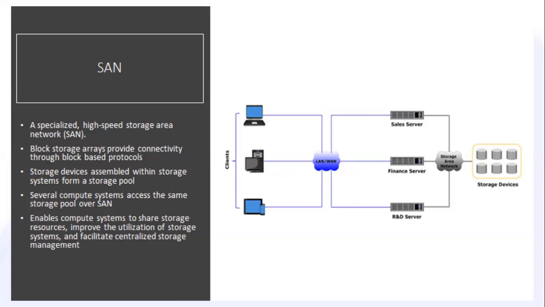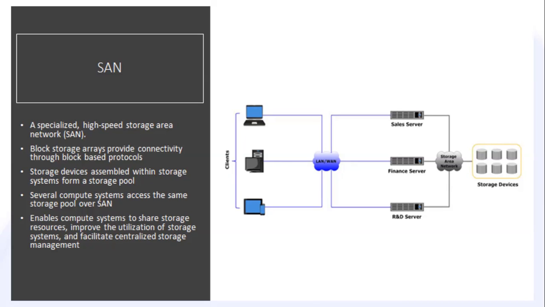Now, if you look at the diagram here, what you see is a pool of block storage devices, right? Those are typically block storage arrays that are connected through specific protocols with the servers. And that is what forms a SAN, right?